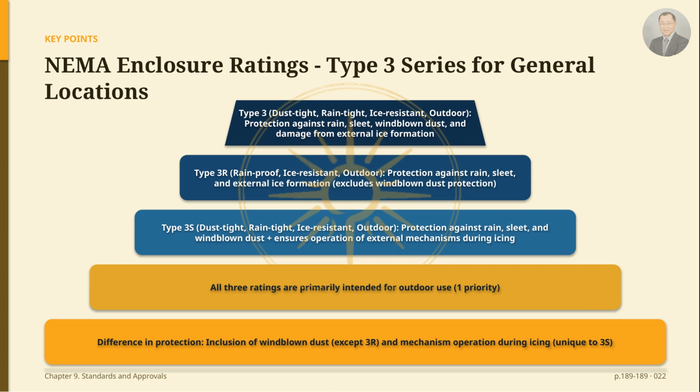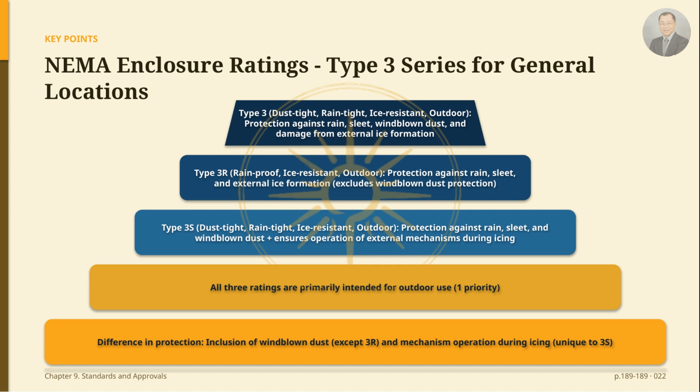Type 3 is an outdoor enclosure with dust-tight, rain-tight, and ice resistance properties, primarily intended to protect equipment from rain, sleet, wind-blown dust, and damage from external ice formation. Type 3R is an outdoor enclosure with rainproof and ice resistance functions. The difference from Type 3 is that it protects against rain, sleet, and external ice damage, but does not include protection against wind-blown dust.